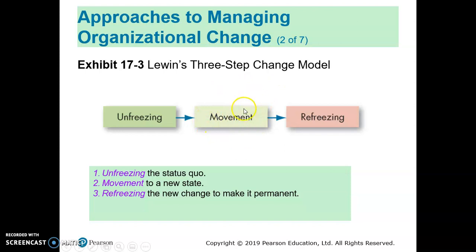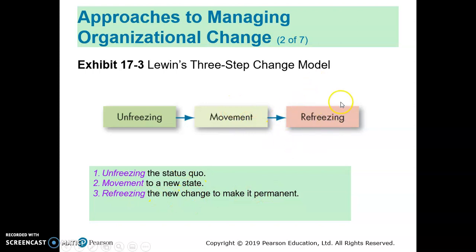If you don't make the change permanent, it will go back to the problem, to the original stage. So it is important to freeze, to make your change permanent. So you have to refreeze. Refreezing the new change, the change that you have done here, you need to make it permanent.